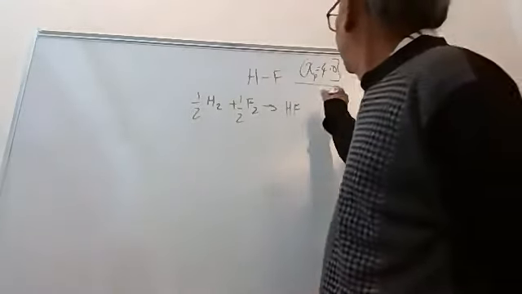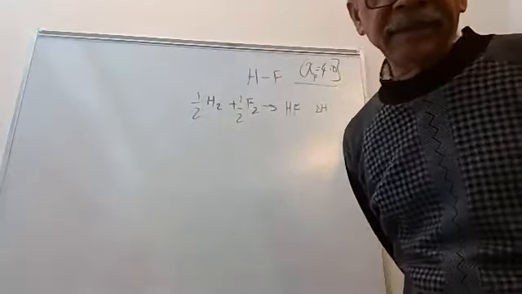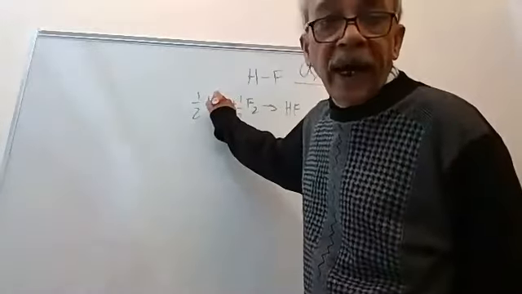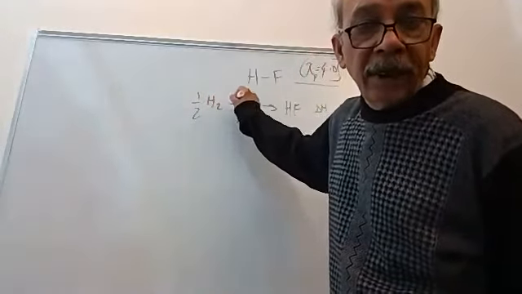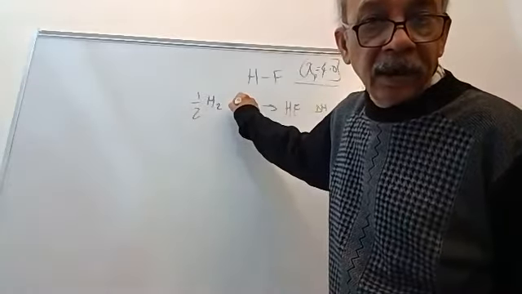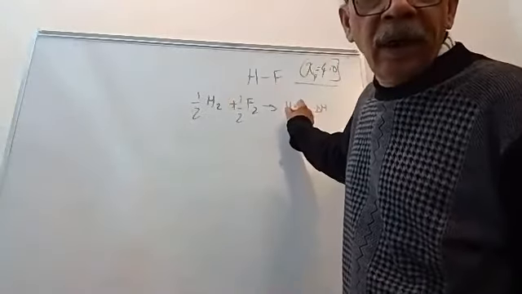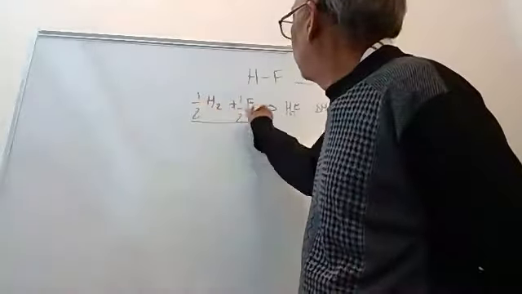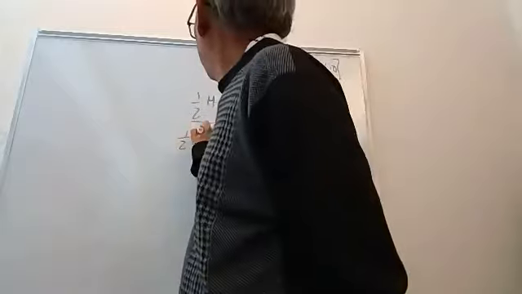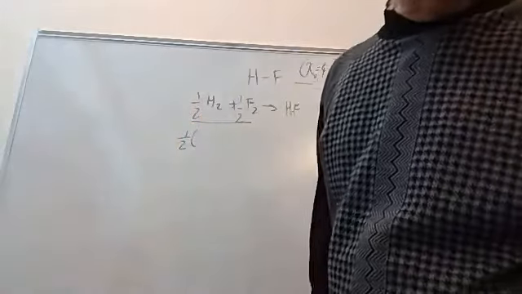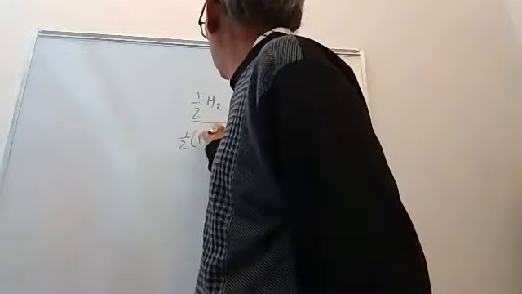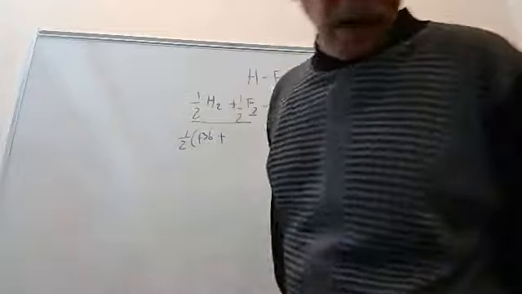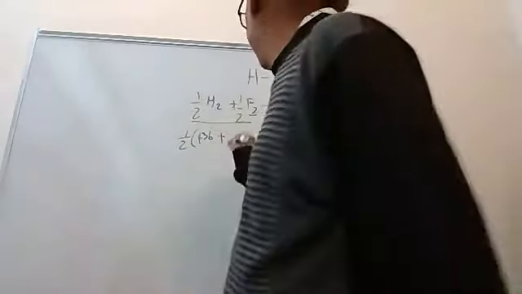So the delta H for this reaction basically, you're breaking 1/2 of a hydrogen-hydrogen bond, 1/2 of a fluorine-fluorine bond, and forming one HF bond. So let's look at the bond breaking here. 1/2 of the hydrogen-hydrogen bond energy is about 436 kilojoules per mole, plus the fluorine bond energy is about 158.